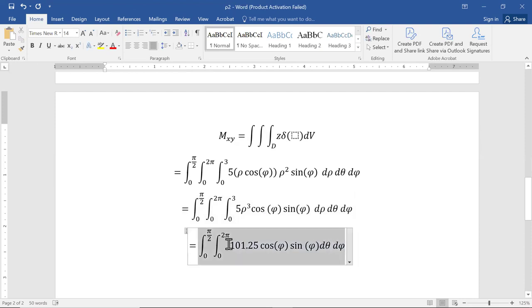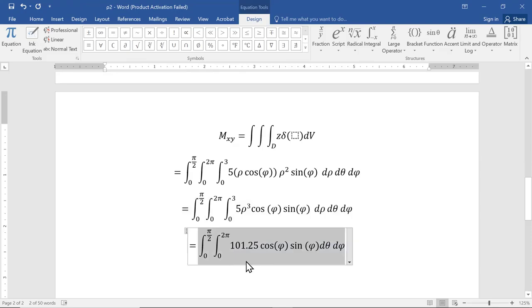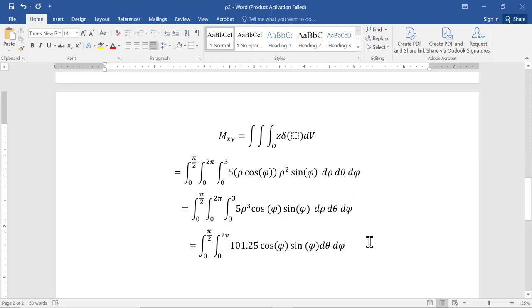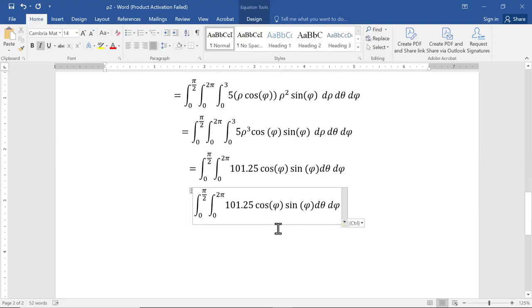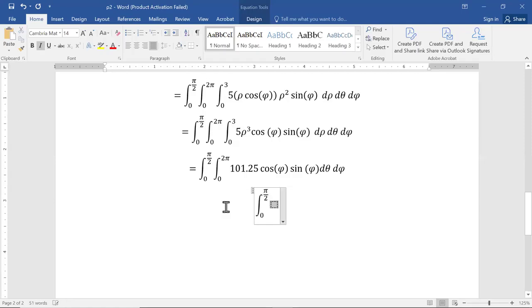If I take this and integrate with respect to theta, everything's just going to get multiplied by 2 pi because cosine phi, sine phi stays put. And so what I'm going to get is 202.5 times pi times cosine of phi times sine of phi.